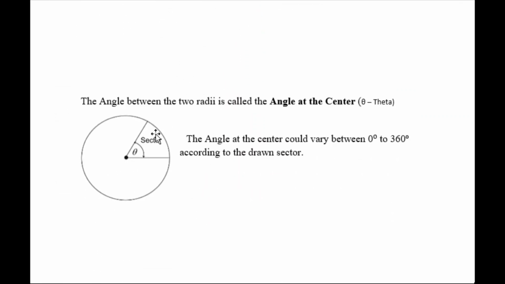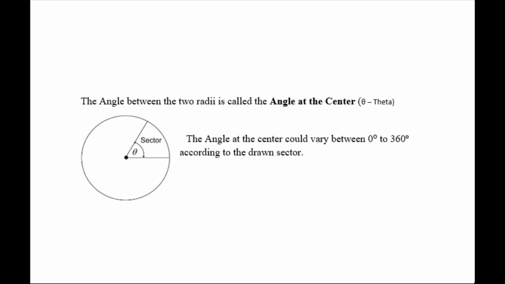Then when you have a sector of a circle, there should be an angle at the center. So it's obvious that when you mark two radii, an angle is formed over here. So that angle is called the angle at the center, and usually as a practice we name it as theta.